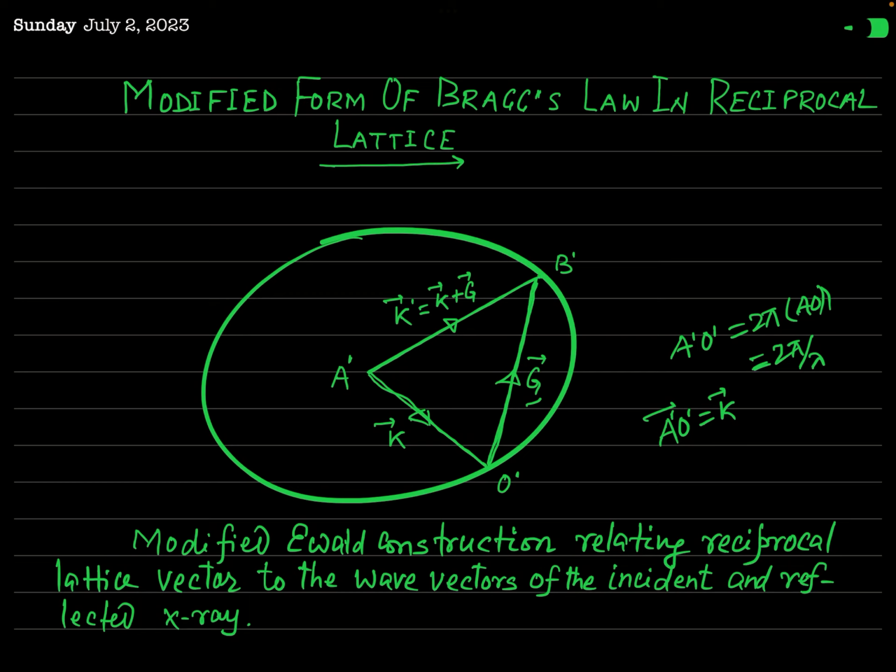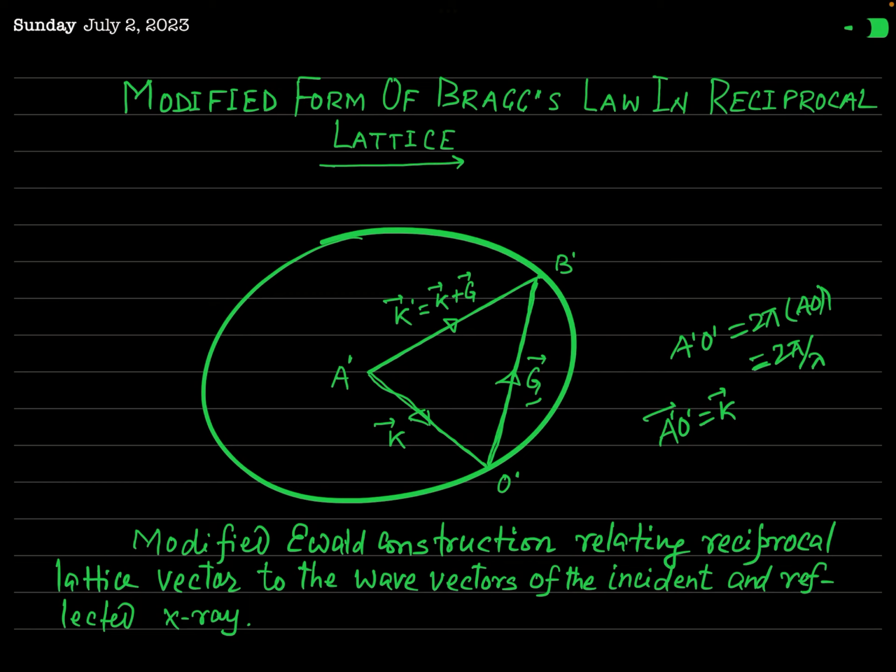So this is the necessary and sufficient condition for diffraction of X-ray to be taking place. So if the point B dashed also lie on the same sphere on which this O prime is located, only then diffraction of X-ray will take place.